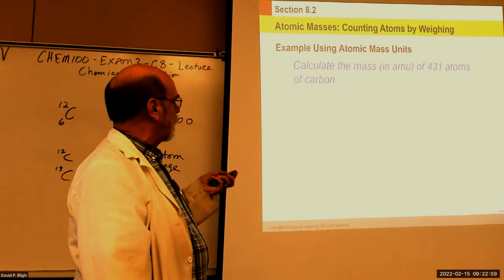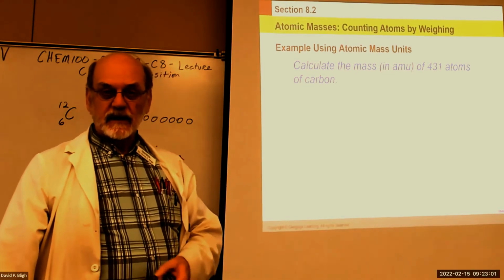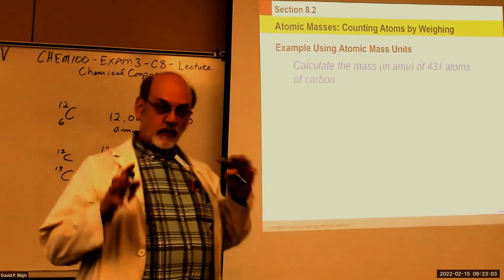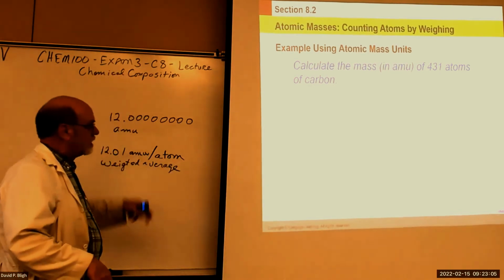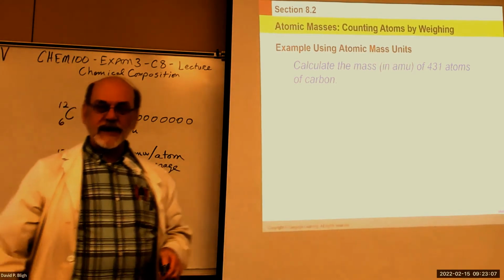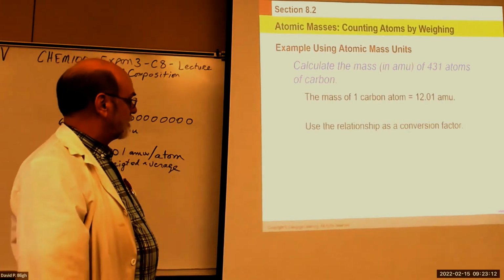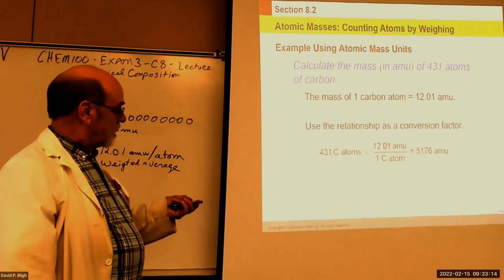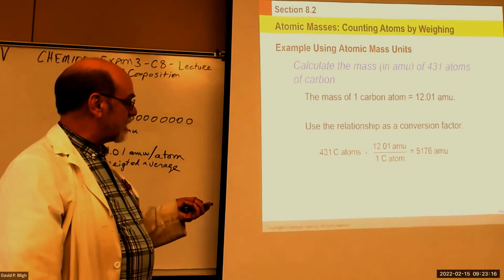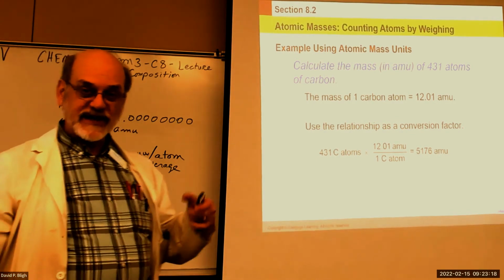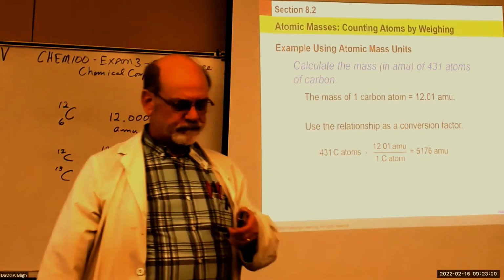Calculate the mass of 431 atoms of carbon. We don't say what isotope it is, so we have to go back to the weighted average. So we have 431 atoms that weigh 12.01 atomic mass units. So that means that collection of atoms should be 5,176 atomic mass units.